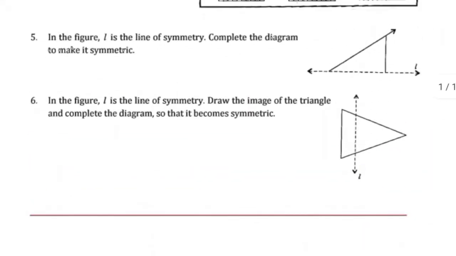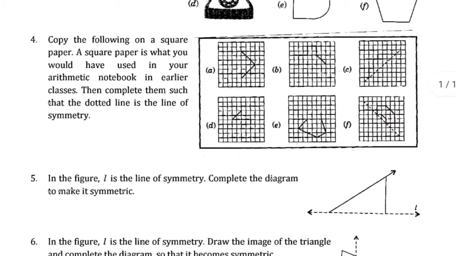Now we see question number 4. Copy the following on a square paper. A square paper is what you would have used in your arithmetic notebook in earlier classes. Then complete it such that the dotted line is the line of symmetry.